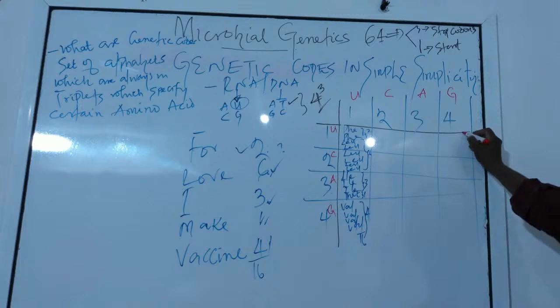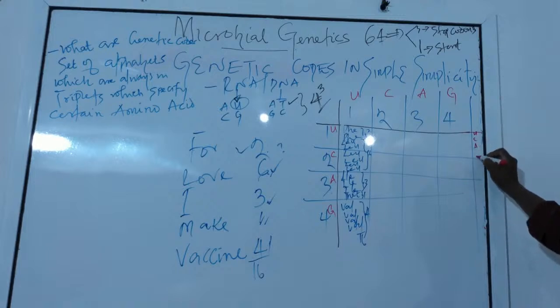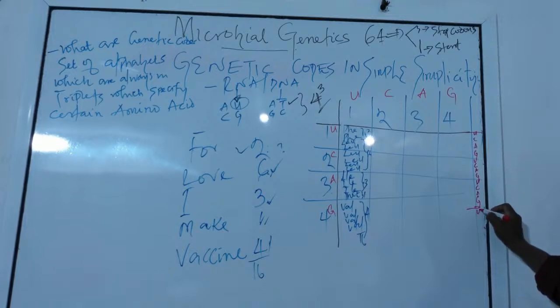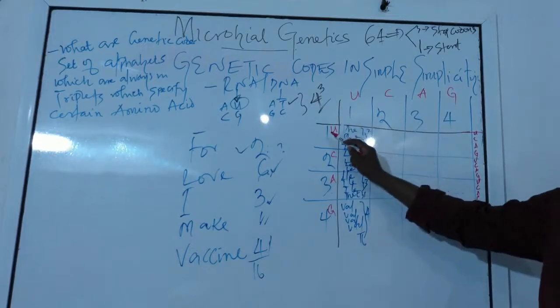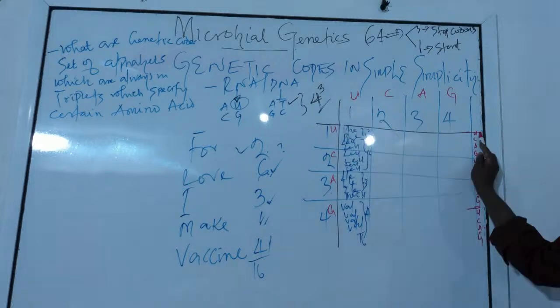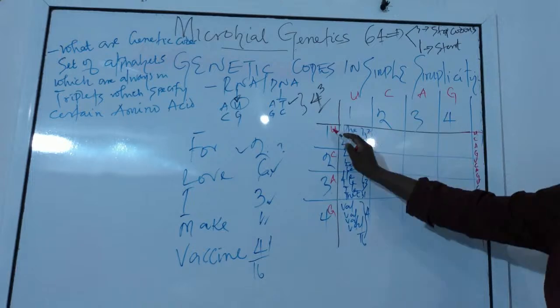And on this other side, you just write UCAG, then AG, then UCAG. So that by the time you combine U with U, which is the first one, it is going to code for phenylalanine.